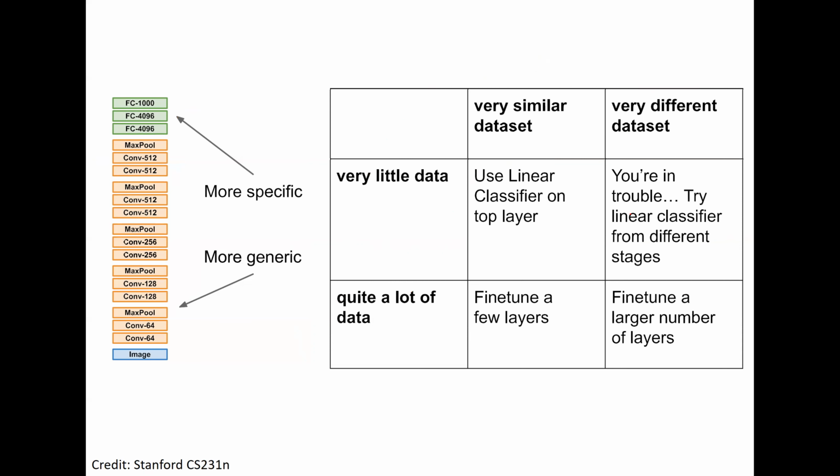In that case, it's quite hard to solve this problem. You may try a linear classifier from different stages, like from this stage, because these entail more generic features. You want to start from here. And this becomes very hard to choose where to start. And when you have a large data set, then you can fine-tune a large number of layers.